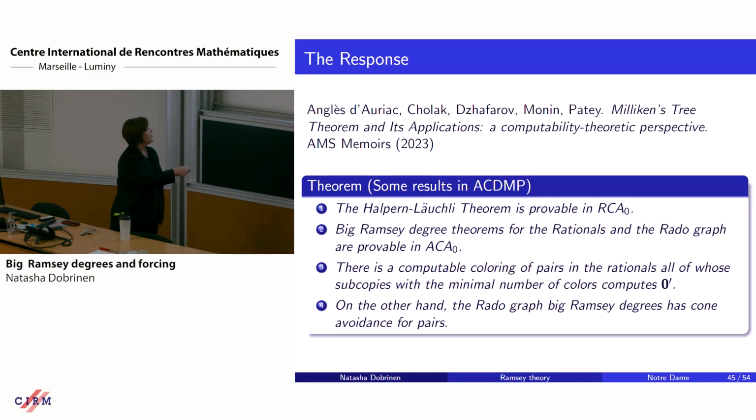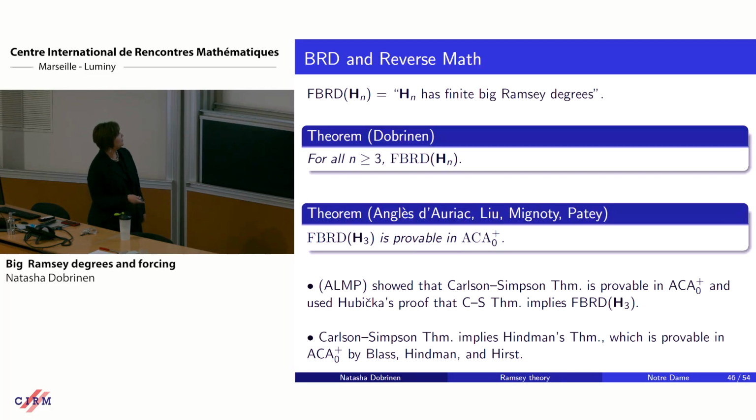Okay, so some key results in there were that the Halpern-Läuchli theorem is provable from the recursive comprehension axiom. The Big Ramsey degree theorems are provable from the arithmetic comprehension axiom, which is stronger, and a couple of other things.